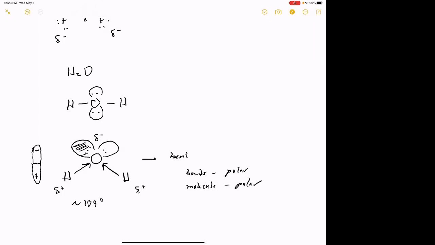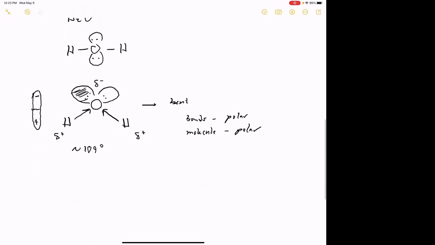So here's one where we have polar bonds and also a polar molecule because the dipole moments are working together to give me a net dipole moment across the molecule.